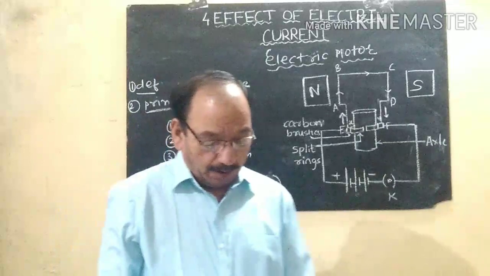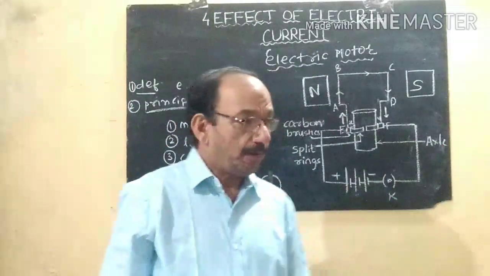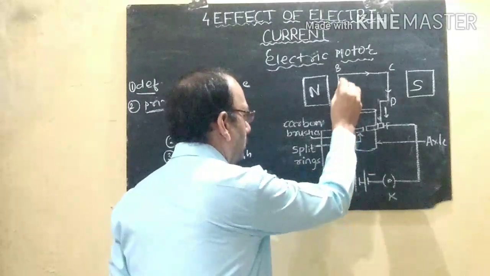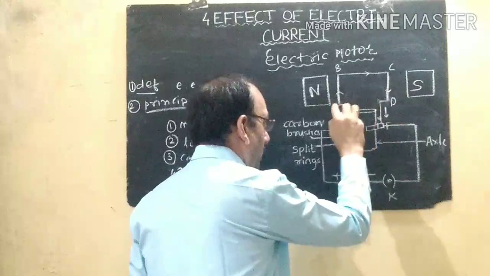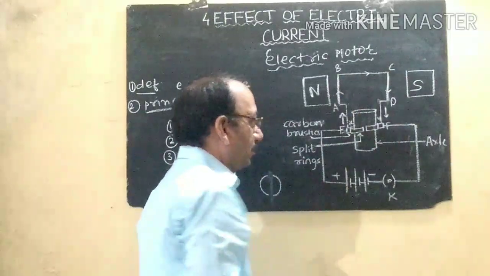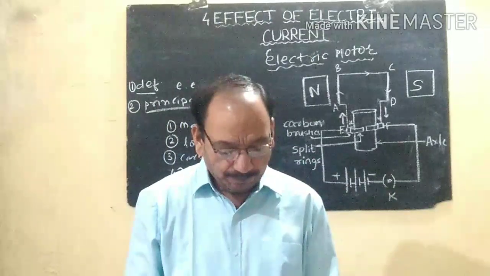You can observe here, these are the branches of this armature coil, AB and CD.